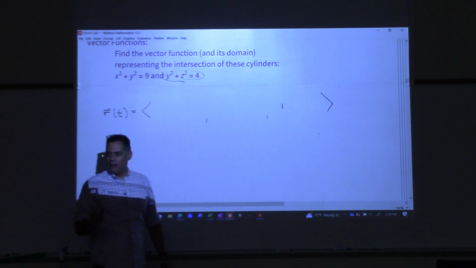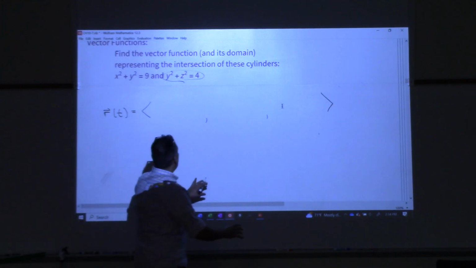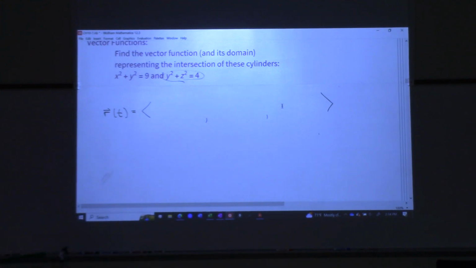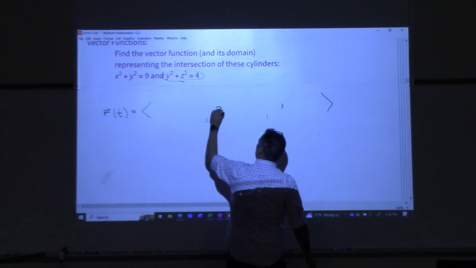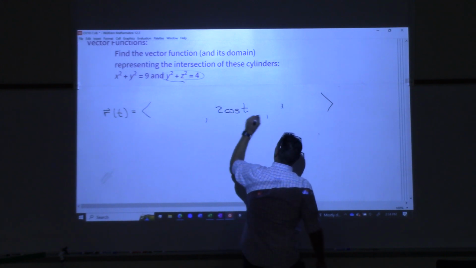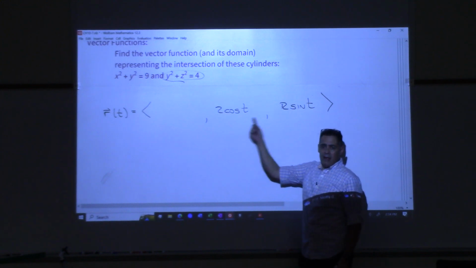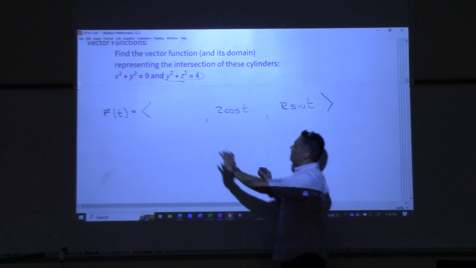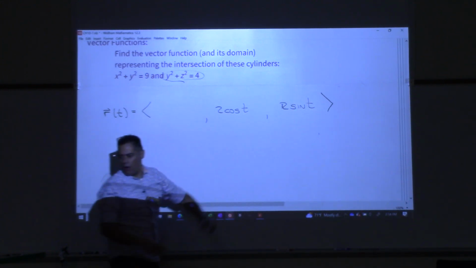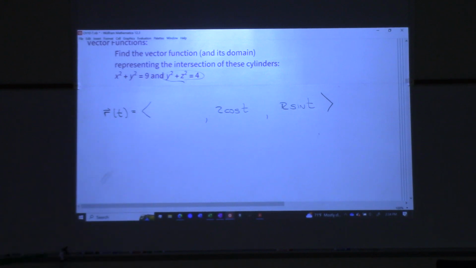Right? That will draw me a circle of radius 2. But I need that to be in which plane? The yz, right? So watch what I do. 2 cosine t, 2 sine t. See? The y, the z. That by itself should draw me circles of radius 2 this way. Y'all understand? Everybody? Yes?